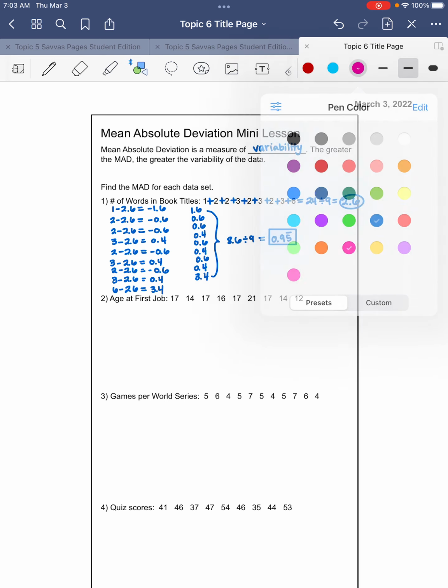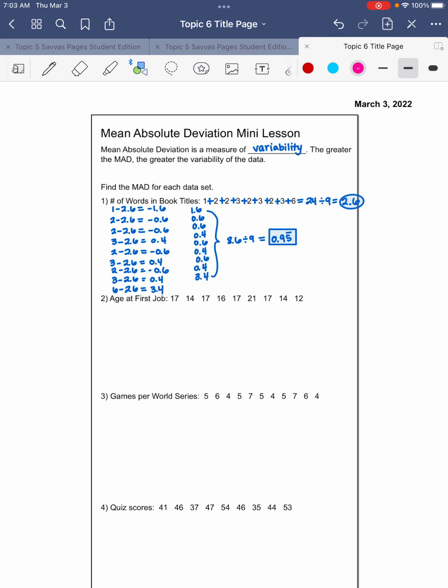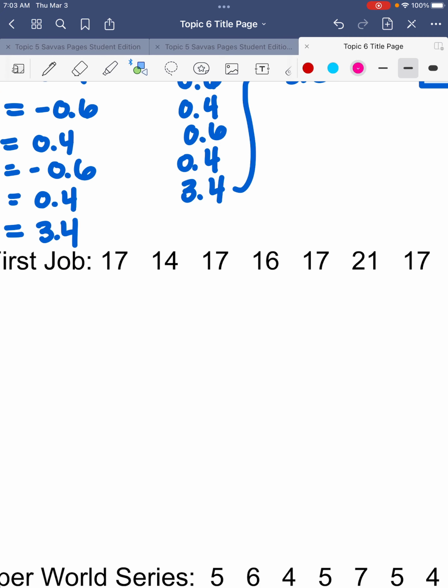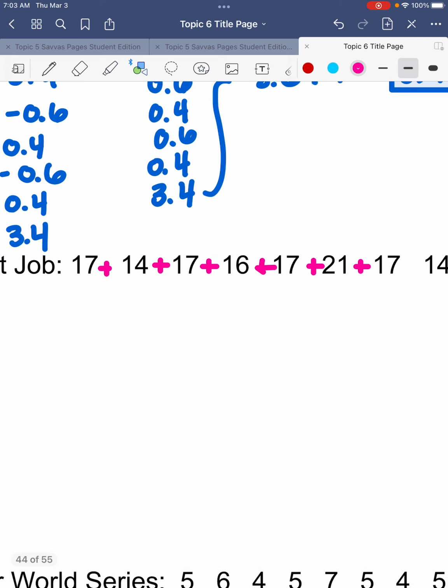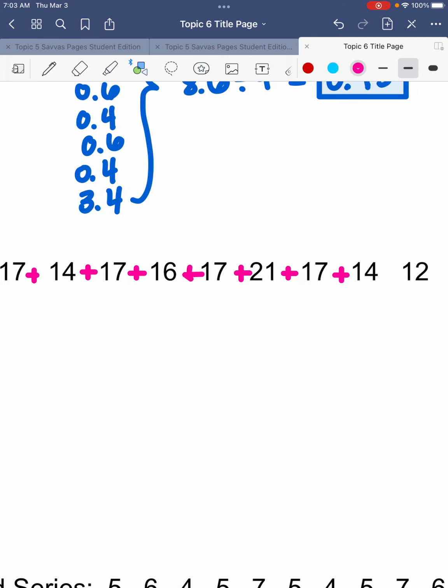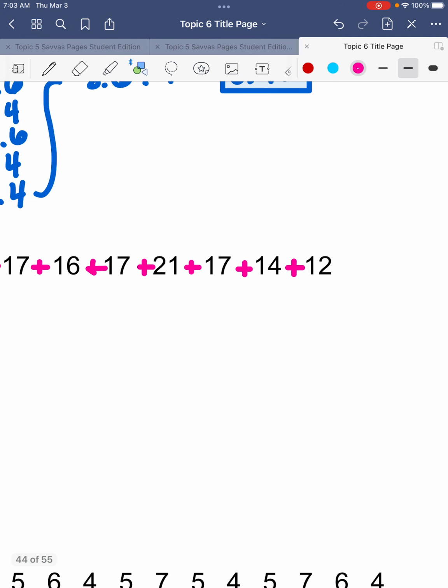In number 2, we have the age at first job. The first step is to find the mean, so I'm going to add up all of these numbers. 17 plus 14, plus 17, plus 16, plus 17, plus 21, plus 17, plus 14, plus 12, and that's it.